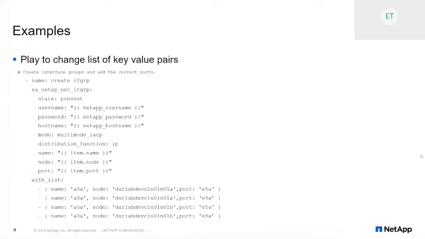NetApp and Ansible and Cisco and a few other companies announced a partnership where I think they're calling it Ansible Certified, and that doesn't necessarily imply that you get a certification like you would for RedHat or for NetApp or whatever, but it's saying that all the companies that are part of the partnership certify that these modules will work and do what they're supposed to do, and the documentation is there and it's supported, and they will support you in using those modules.